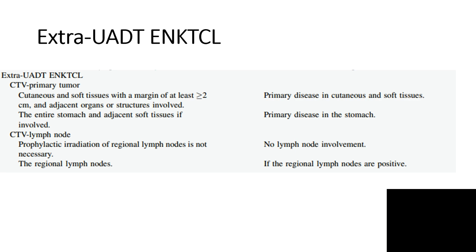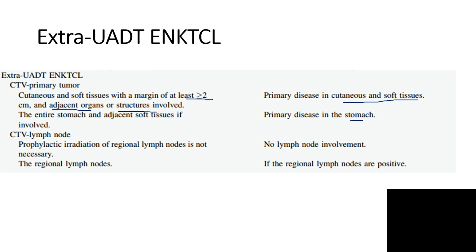For NKT cells that arise from areas other than the upper aerodigestive tract, the recommendation, if it's a cutaneous lesion or soft tissue lesion, is to give a margin of at least more than 2 centimeter all around, and the adjacent organ, if it is involved, should be included.